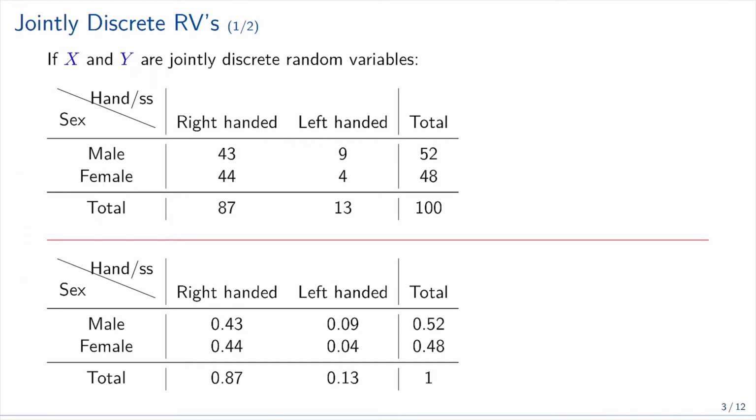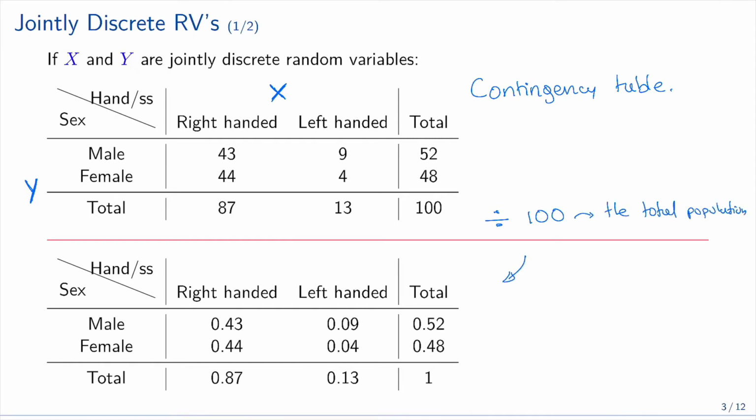Now for this population, we are going to name X as right or left-handed, and Y will be the gender, male or female. Remember, this is called a contingency table, and its usefulness is that when we divide by 100, the total population, we obtain a probability table.